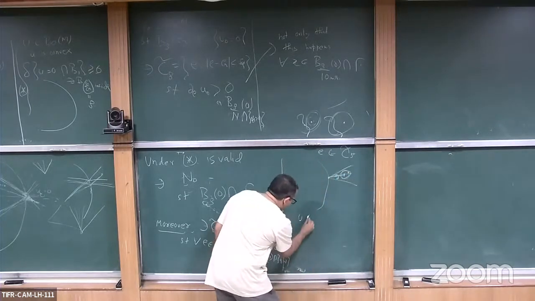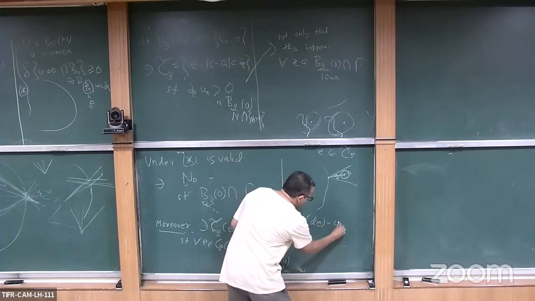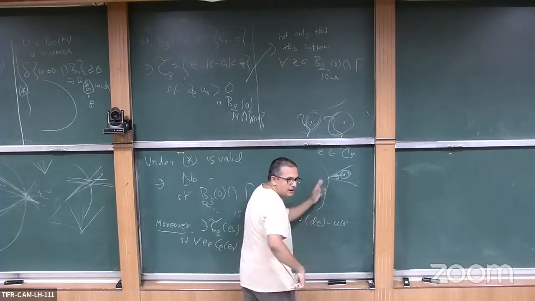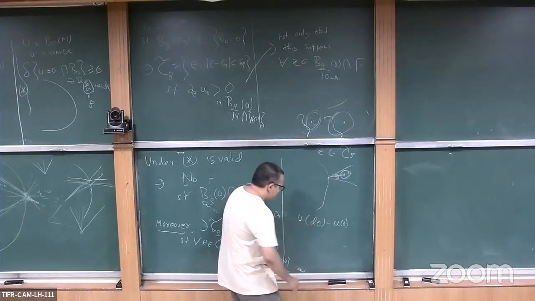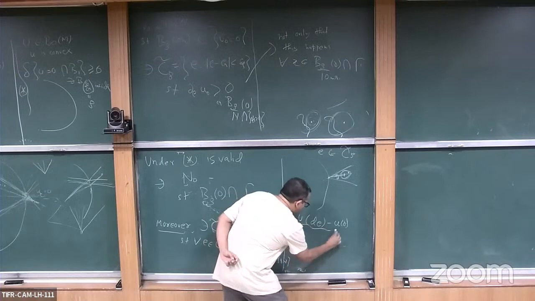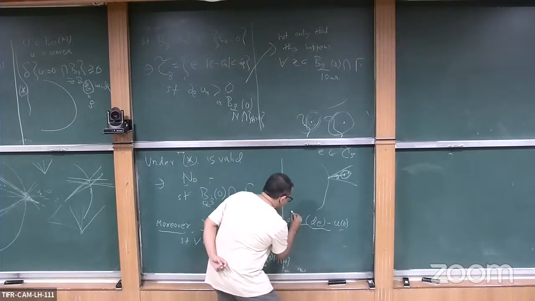Okay. So U of DE minus U of 0 or any point wherever, it need not be 0. I move it to my new 0. This will be of the order D square.